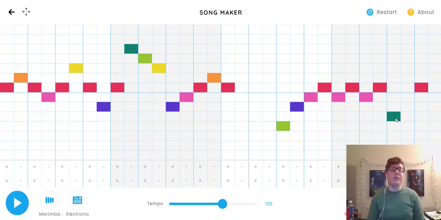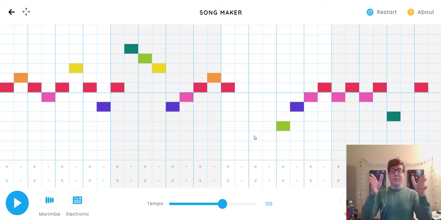I want to ask you, what interval did I use at the very end there? Think about it. I went from red, down to pink, down to purple, and then down to that bluish-greenish color.